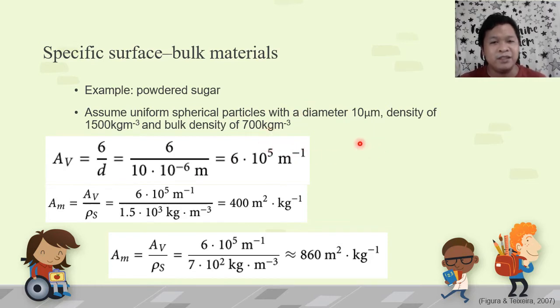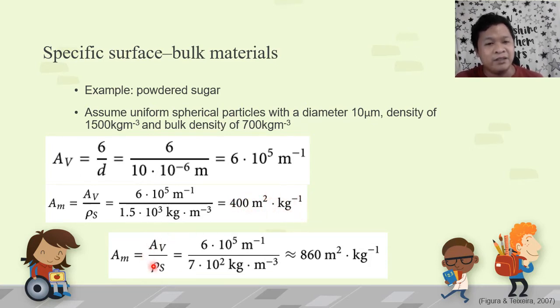Therefore, your AV then is equal to 6 times 10 to the 5 meter negative 1. Then you plug that in here. You put in the real density of the sugar so that you get the per unit mass na density ng powdered sugar. Kung walang hangin, ito ay you have dito, yung available mo na surface area ay 400 square meters per kilogram of sugar.